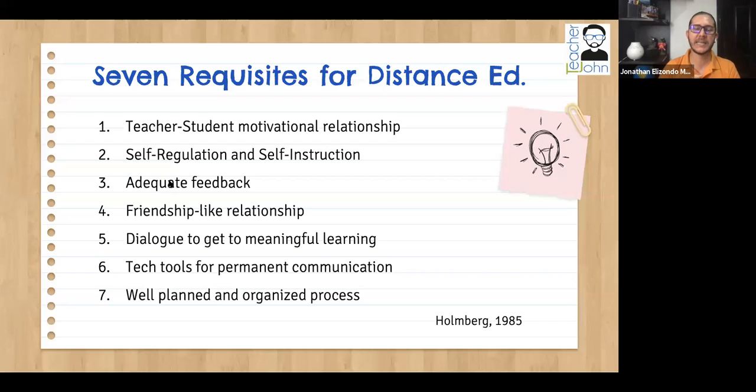And finally, well-planned and organized process. It doesn't mean that because it's distance education it's less quality. I can assure you that no, it's the same or even more quality. Some people believe that distance education is not high quality, and I used to think that some years ago when I was at the university.